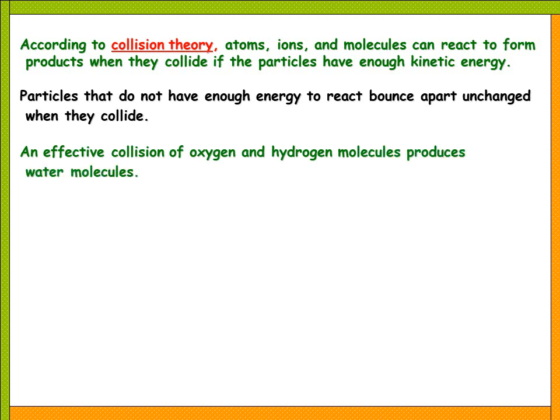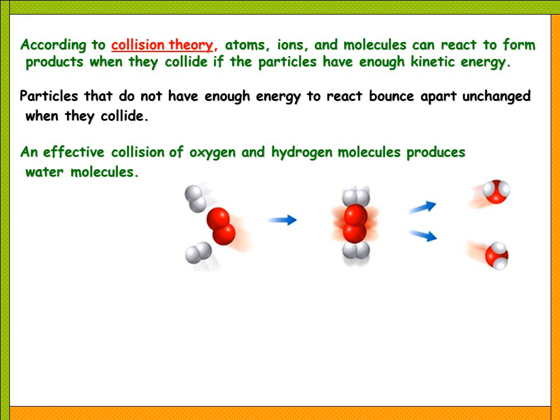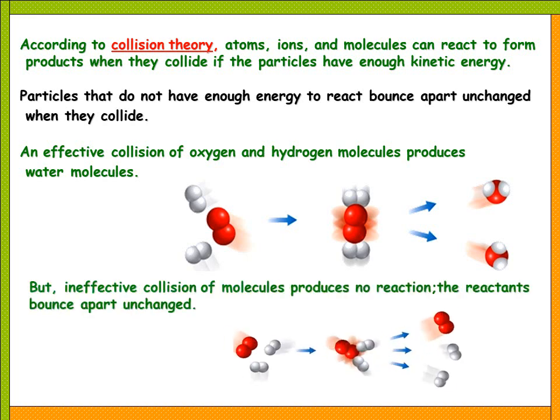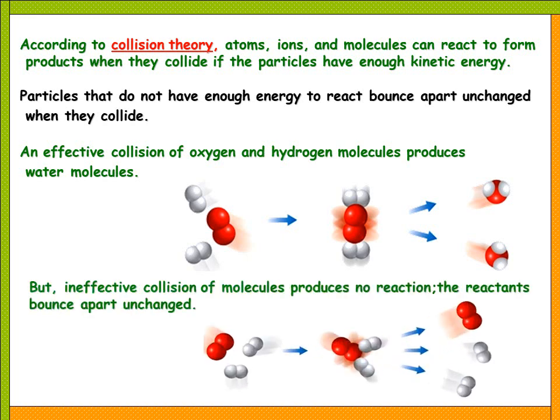If we look at this one, we see the difference between them. An effective collision here will make a combination of oxygen and hydrogen forming water, but here we have an ineffective collision of molecules and no reaction will occur, so the reactants remain as they are.